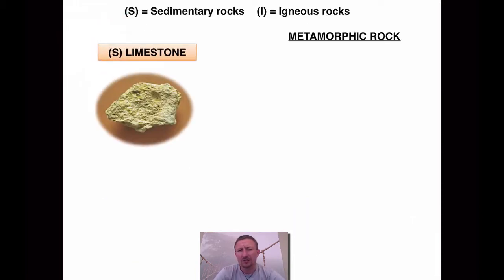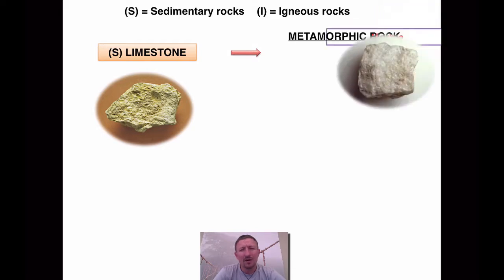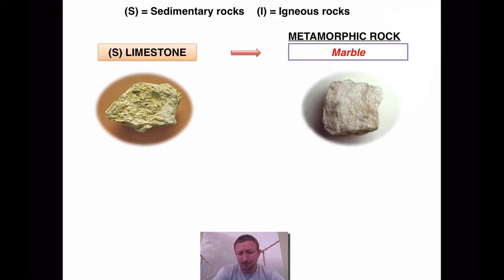Next we've got limestone. Limestone will change into marble. Now marble, as you know, has huge uses, and a lot of the time it was found in the Mediterranean, Italy, and hence that's where we get all these marble statues from.